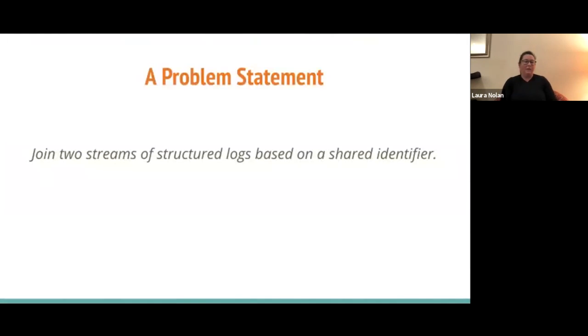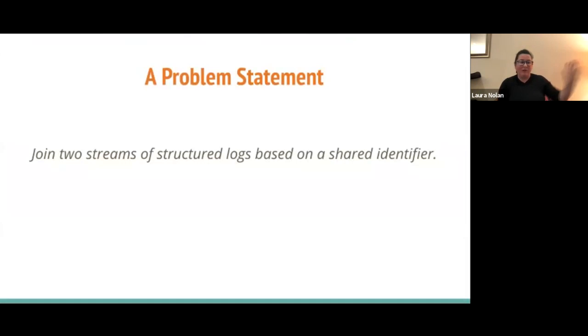So here is maybe the simplest possible problem statement for a distributed system. However, this is actually a real problem. This is a problem that I worked on while I was at Google a number of years back. I was in ads data infrastructure, and we had this problem where we needed to join two streams of structured logs based on a shared identifier.